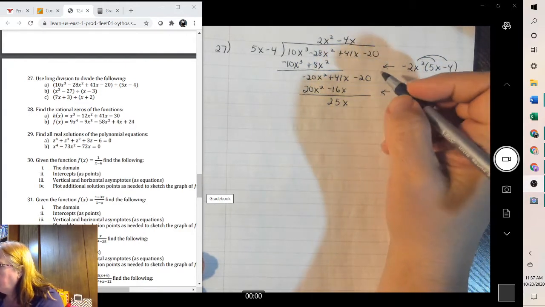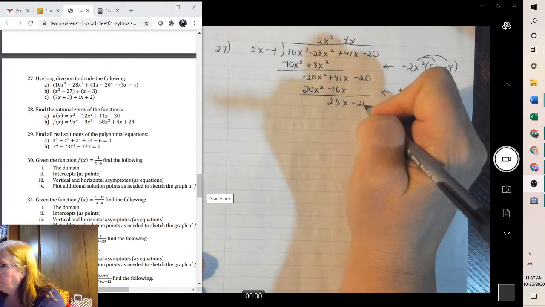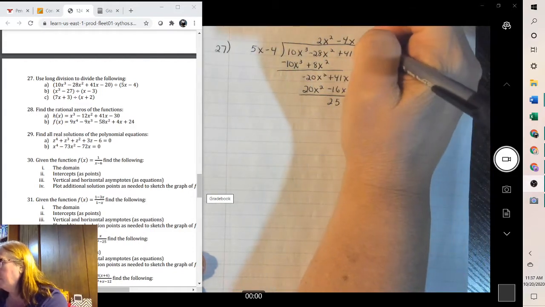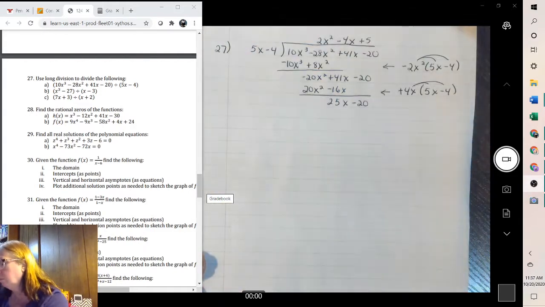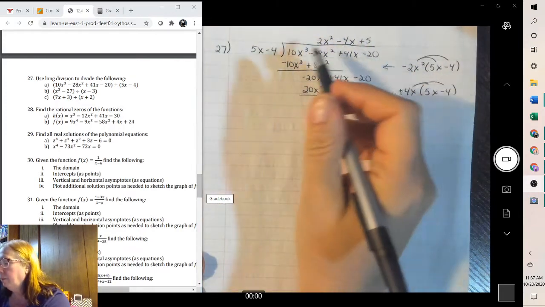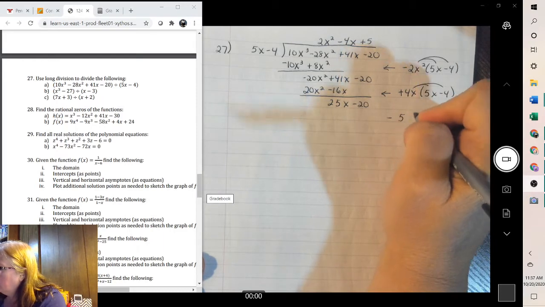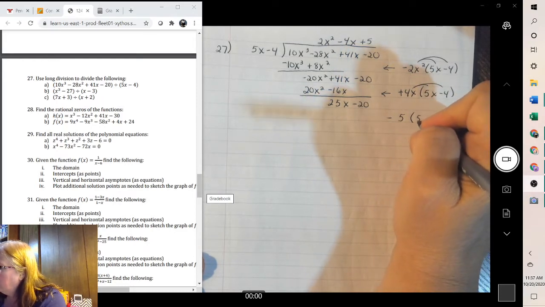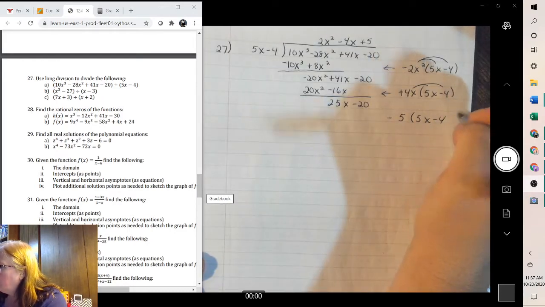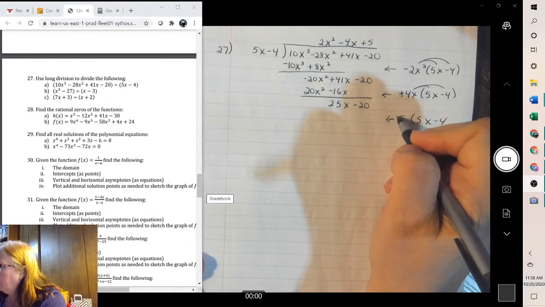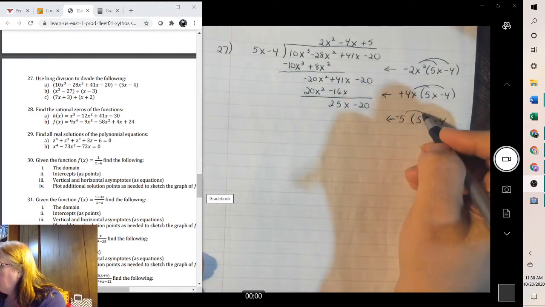Subtracting these, I get 25x, bring down the 20. And I can divide one more time by a positive 5. 5 times 5 will give me the 25x. Since I'm subtracting, I will make it a negative 5 and distribute.